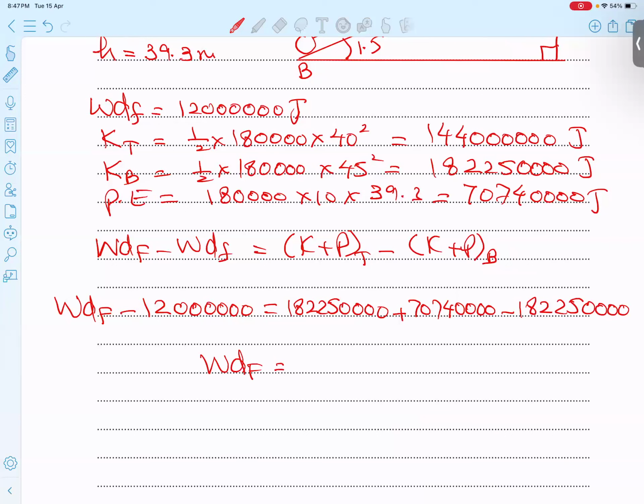So I'm going to write it now: plus 18225 and 4 zeros, minus 18225 and 4 zeros, and plus 1, 2, 1, 2, 3, 4, 5, 6. And I'm getting here the final answer, let me recheck finally. One minute, please.